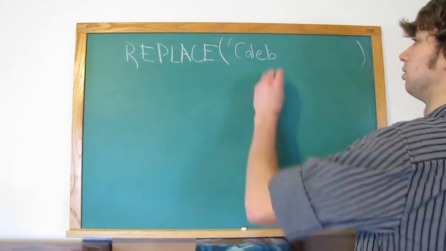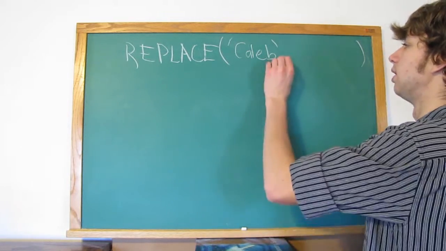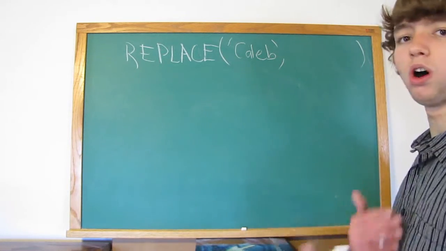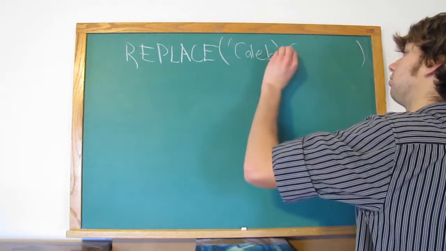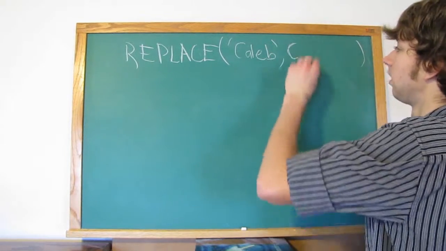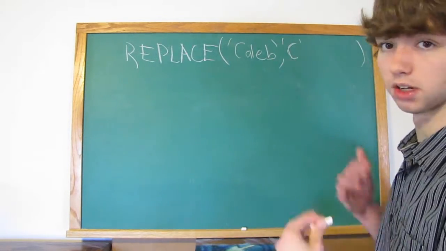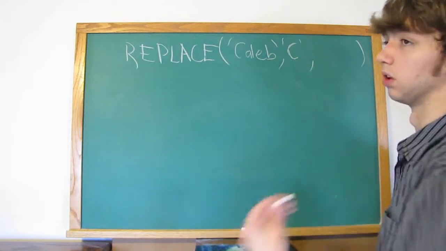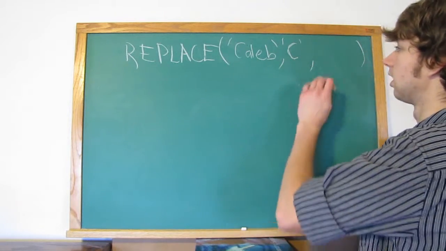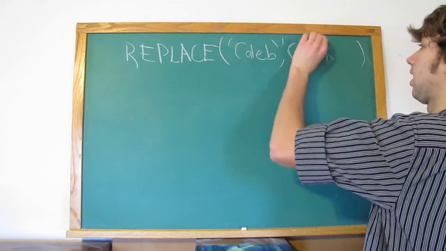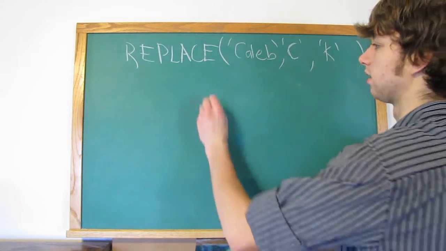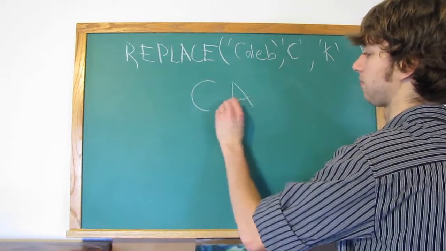So I'm going to use Caleb here, and then a comma. I can say what I need to replace. So I can replace a C within quotes because it's a letter, or a 1-character string if you look at it that way, comma, and then give it a K. Now how this will work is it'll have the word Caleb.